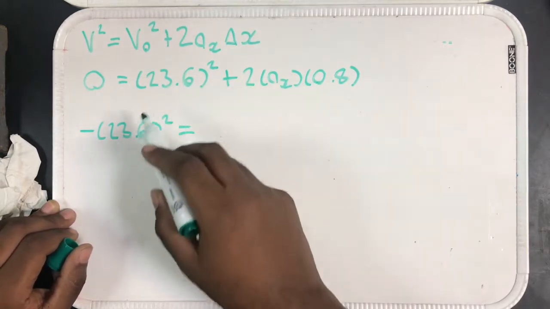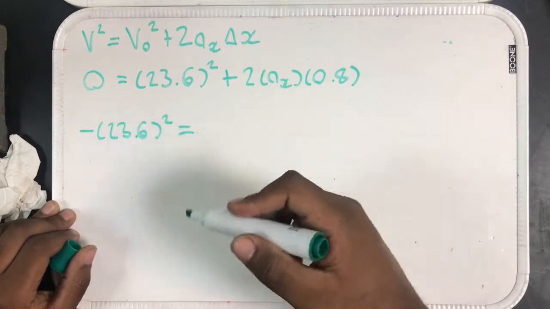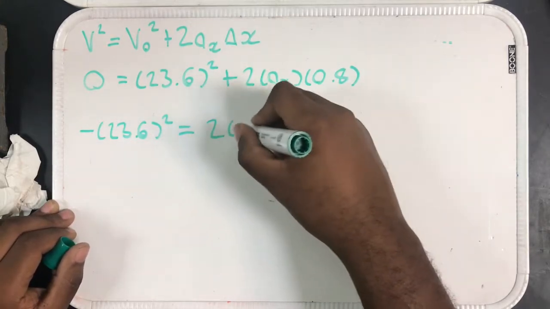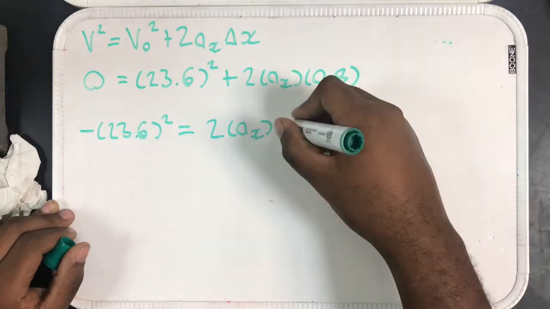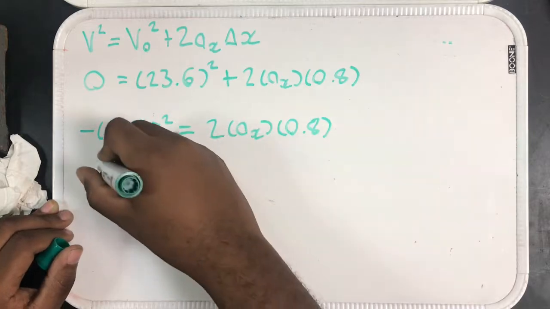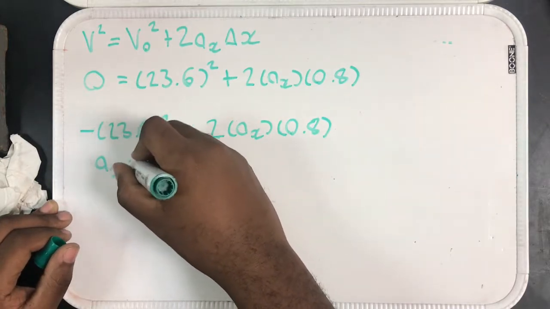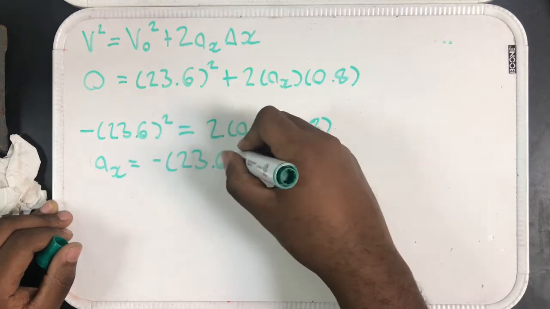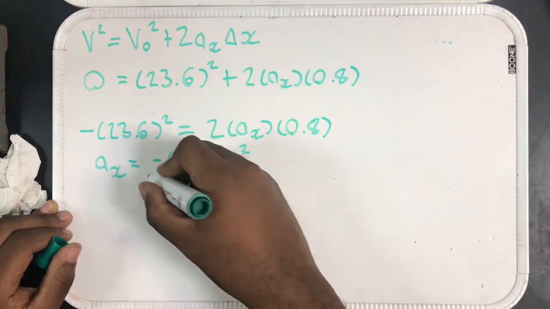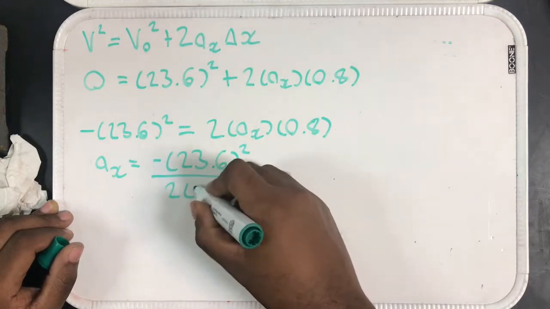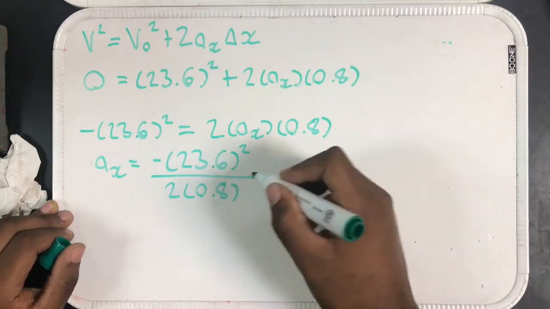And over here, 23.6 squared minus 23.6 squared is 0, times 2 times acceleration in the x times 0.8. So acceleration in the x is equal to negative 23.6 squared divided by 2 times 0.8.